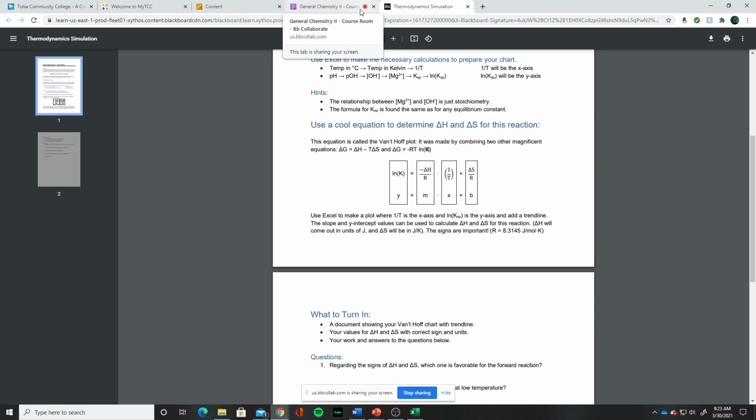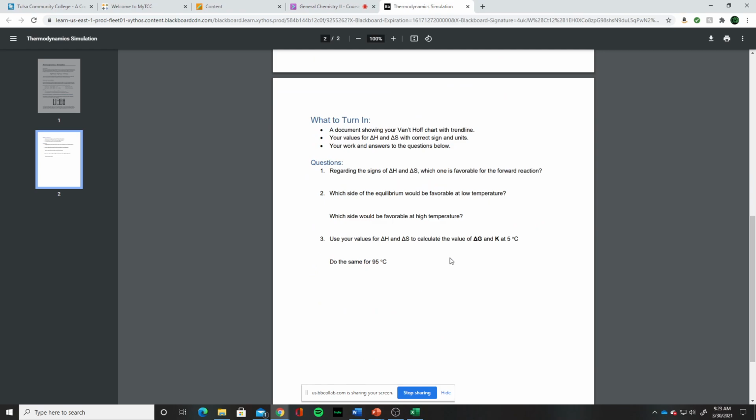So you don't have to know what delta G is to solve this and answer the question, but I would encourage you to go ahead and watch that one extra video so you can see what delta G is. So even though you don't actually need to know what it is to be able to answer the question, it gives some context and makes it more meaningful, I think, as you're solving those. And so then you would just do the same thing for 95 degrees. So it's just a higher temperature.